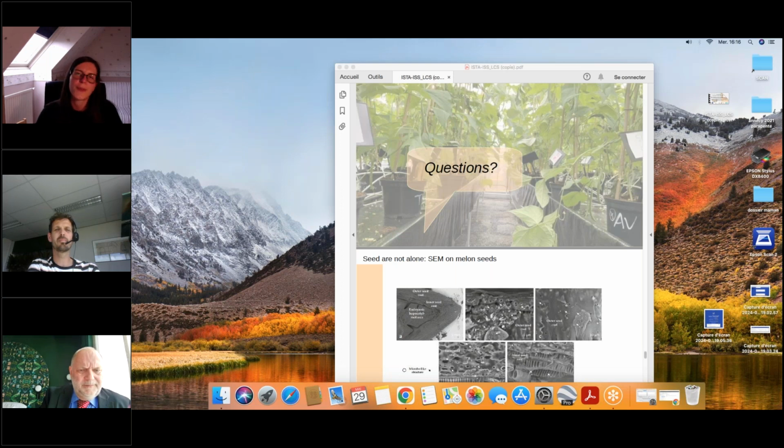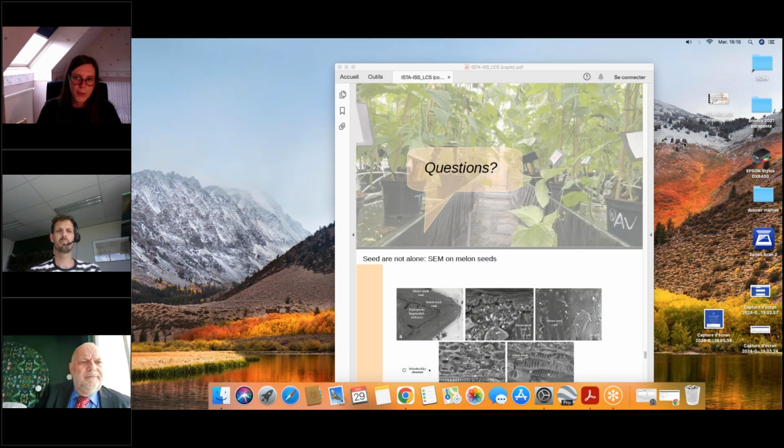For the results, well, the preparation of the synthetic community is quite easy once you've got the trick. Of course, there are slight variations in the relative abundance between experiments. So each time we characterize the relative abundance of the taxa in the inoculum and on the inoculated seeds, for each experiment.